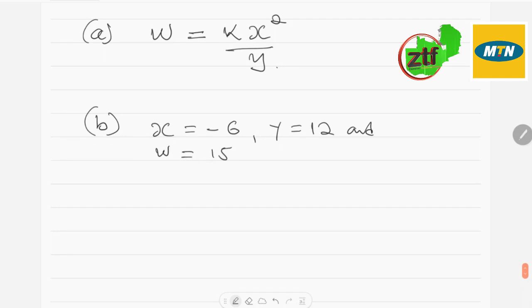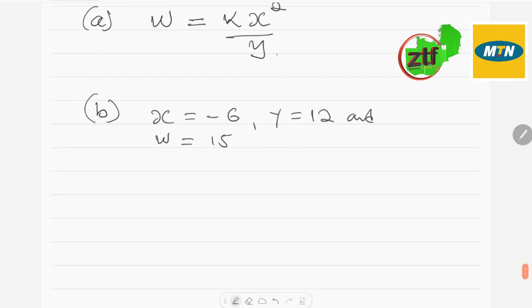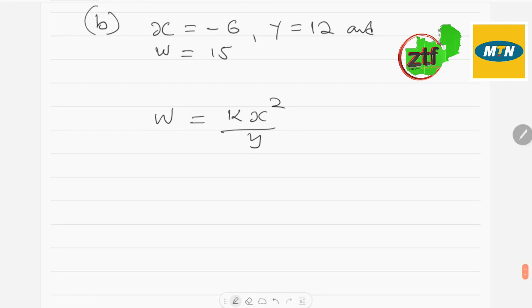From the result we got in part A, w is equal to kx squared over y. So our w is 15, k is what we are solving for, the value of x is negative 6 squared, divided by the value of y, which is 12.